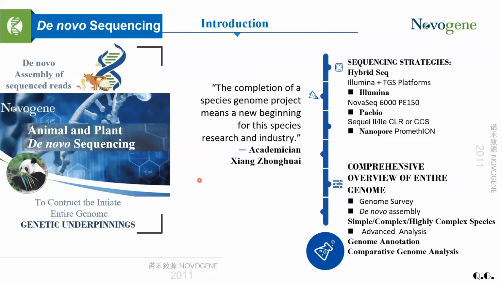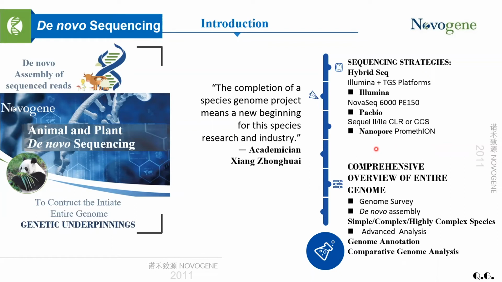So de novo sequencing is defined as the sequencing of uncharacterized genomes, typically by hybrid sequencing operated by Illumina and the third-generation sequencing platforms. And it empowers the de novo assembly of sequence reads and then constructs the initial whole genomes and the genetic underpinnings to advance the research in all disciplines of animal and plant biologies.